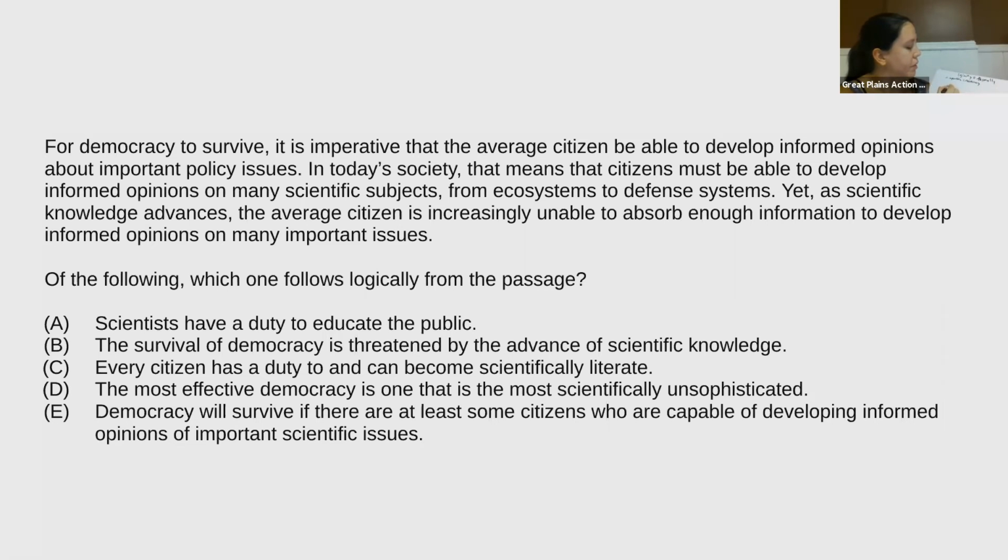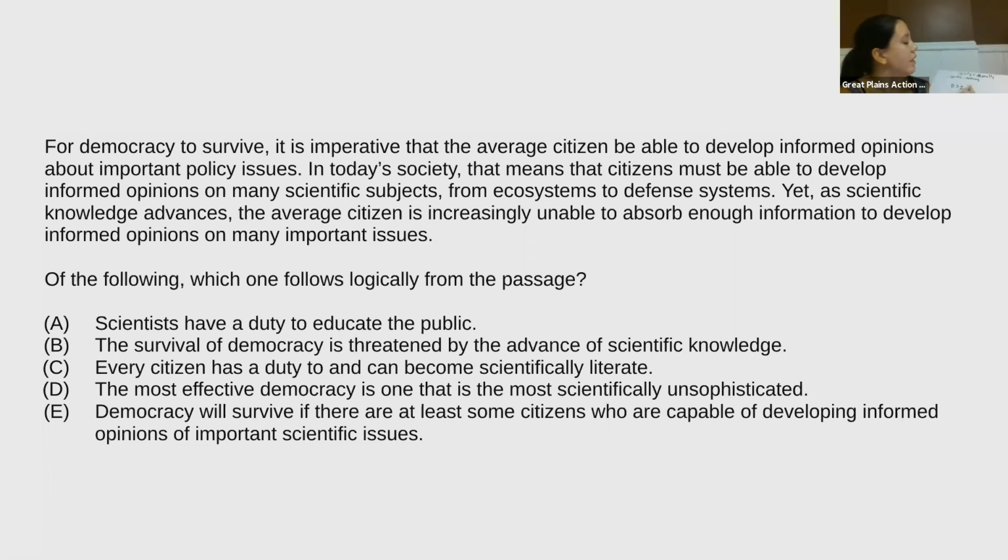So if democracy is going to survive, then it is imperative that the average citizen be able to develop informed opinions about important policy issues. Informed opinions. In today's society, that means that citizens must be able to develop informed opinions on many scientific subjects, from ecosystems to defense systems.